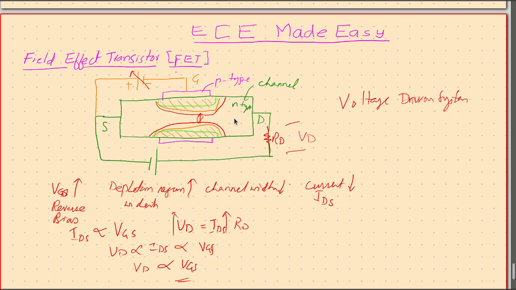But here we have a large current flowing, and hence we say that it has moderate voltage gain and almost infinite current gain, and the product is the power, and hence we can say this can produce power gain also.